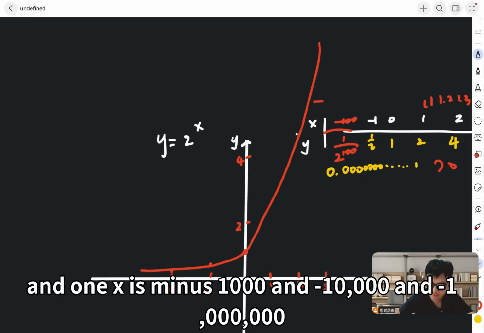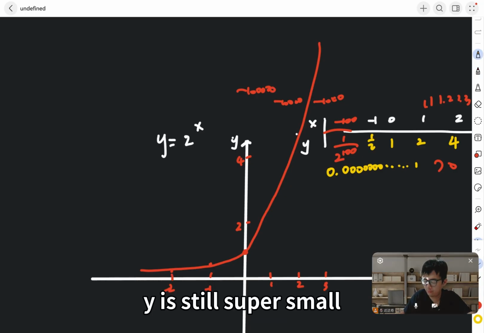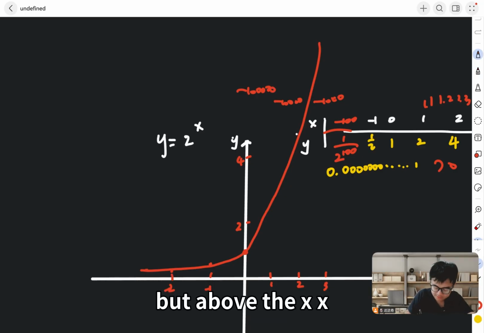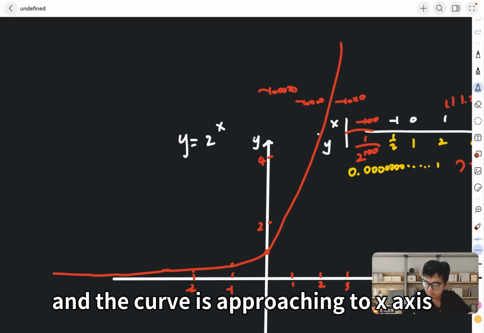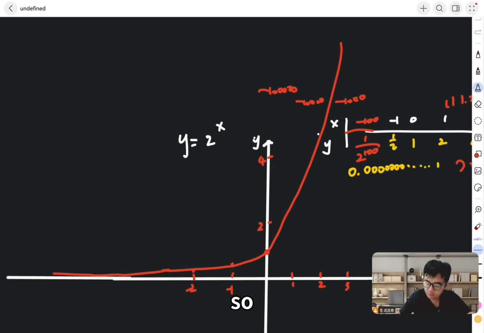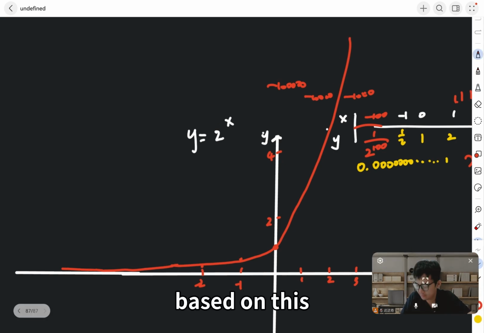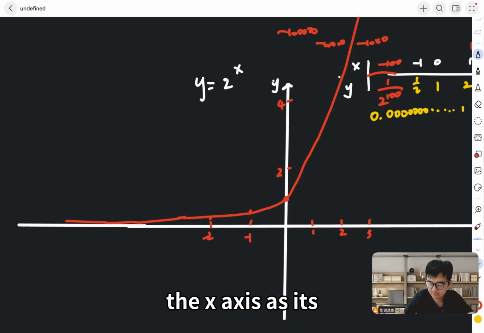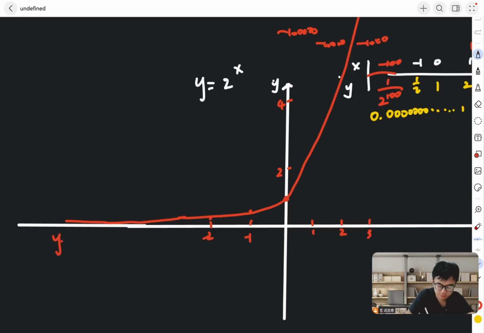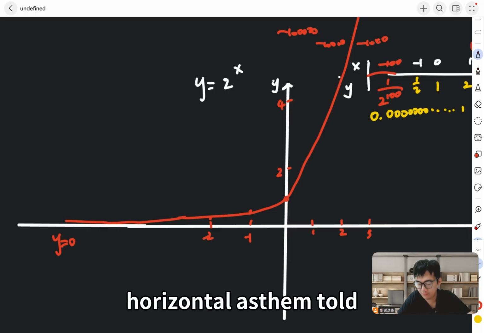So when x is super small, y is still greater than 0. And x is -1,000 and -10,000 and -1 million. Y is still super small, but above the x-axis. And the curve is approaching the x-axis. So based on this phenomenon, we call y equals 0, the x-axis, its horizontal asymptote.